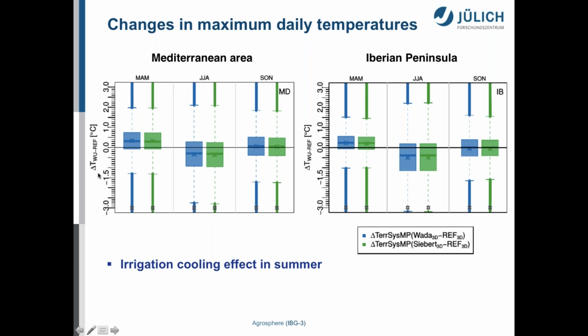Here on the y-axis, you see the difference of the water use simulation from the reference run in terms of temperature in Celsius. And we see, for example, that irrigation during the summer months causes quite some cooling of up to 0.5 degrees Celsius in the Mediterranean region, and very similar magnitudes also in the region of Spain and Portugal.